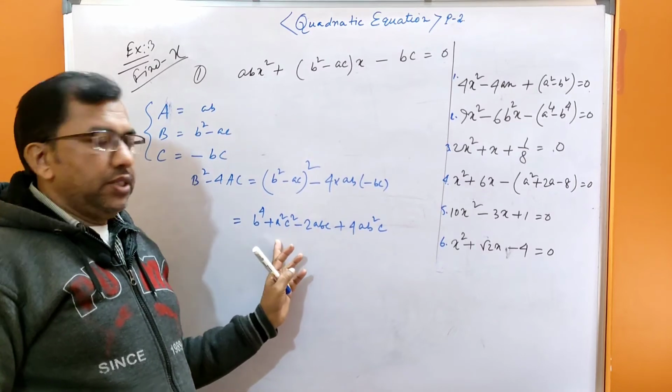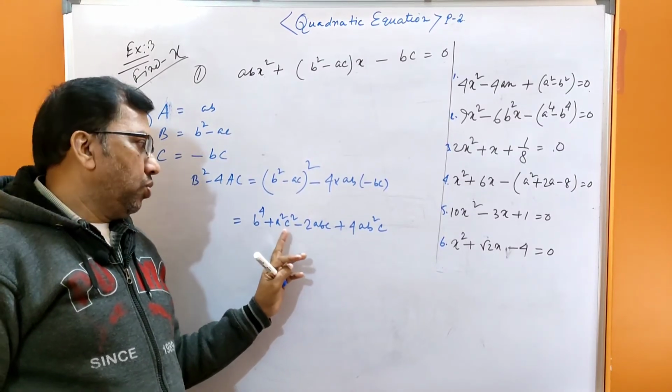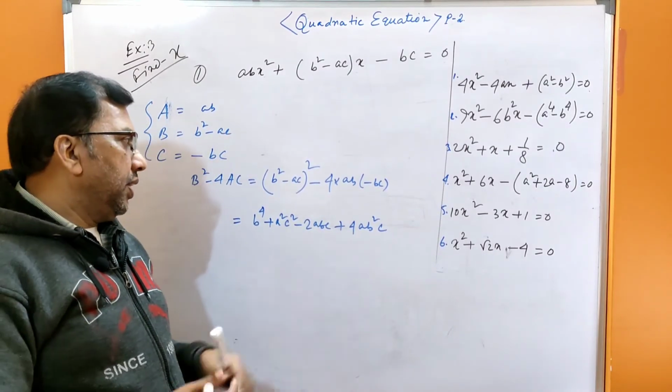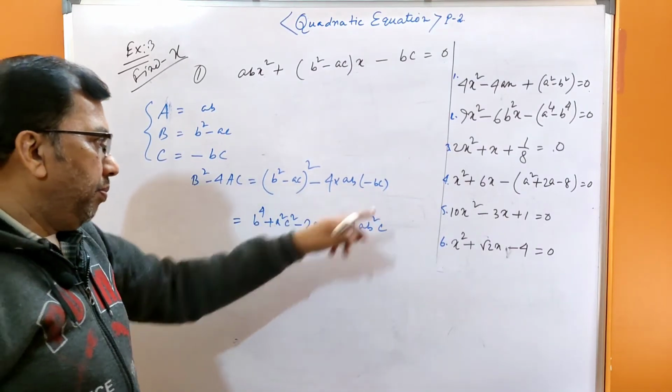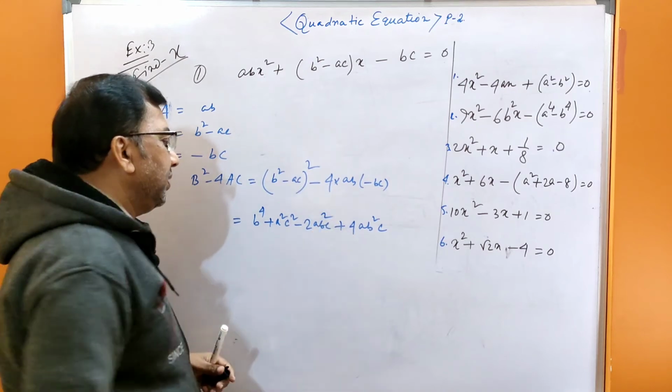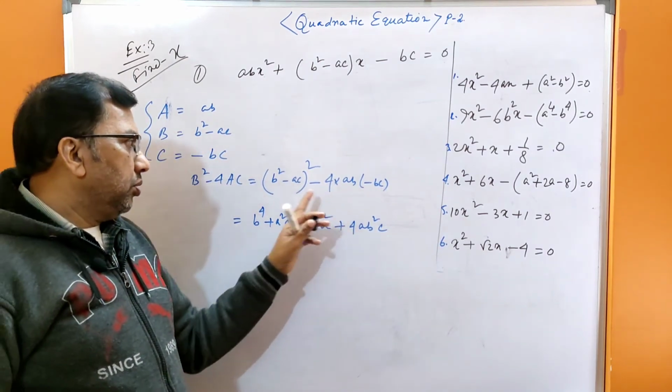B4 प्लस A square C square माइनस 2ABC. क्लियर?